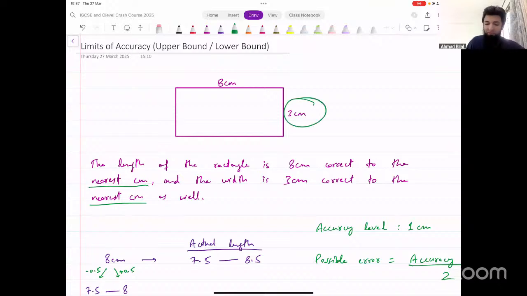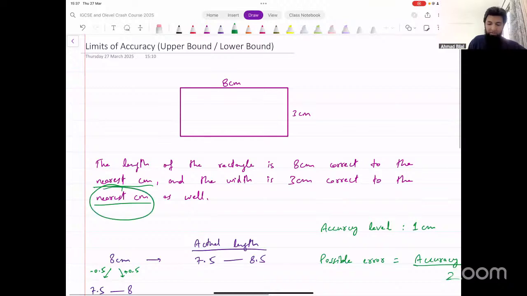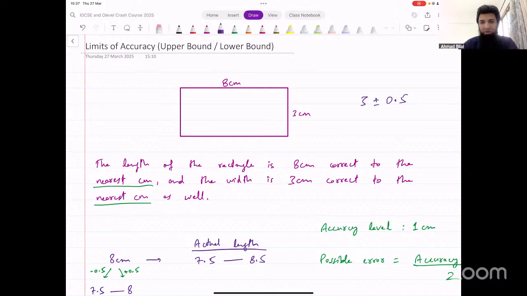And similarly for the width as well, since that is also correct to the nearest centimeter, the actual width is also going to be somewhere between 2.5 and 3.5, because that is what we get when we do 3 plus minus 0.5. 3 plus 0.5 will give us the maximum possible width, and 3 minus 0.5 would give us the minimum possible width in this case.